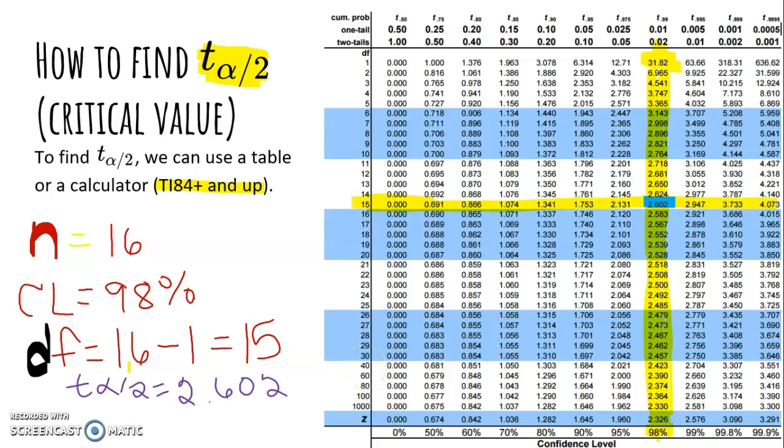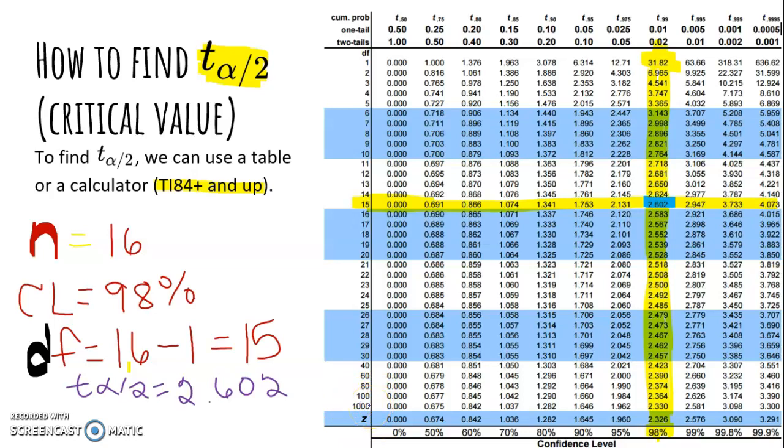So if your degree of freedom is 35, you will use 30. If your degree of freedom is 42, you will use 40. If your degree of freedom is 59, you will still use 40. If your degree of freedom is 99, the next lowest is 80. You would use 80. If your degree of freedom is 250, the next lowest one is 100. That's the one you're going to use. Anything above 1,000, you're going to use 1,000.